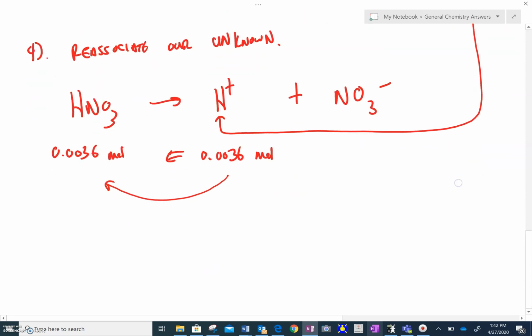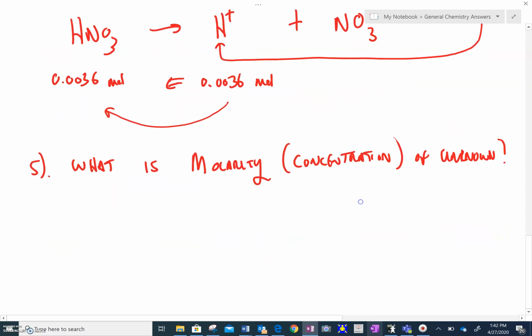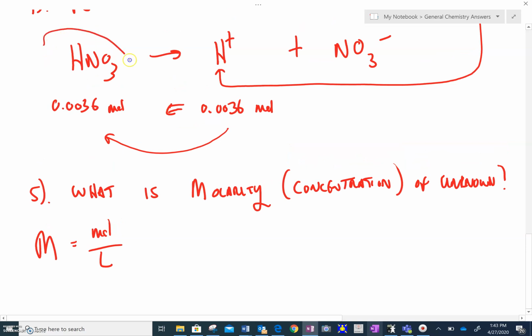Okay, finally, in the answer to our question, what is the molarity? What we mean by that is what is the concentration of the unknown. This is what we were trying to answer the entire time. Molarity equals moles over liters. Well, from this previous step, you know that you have 0.0036 moles of nitric acid.